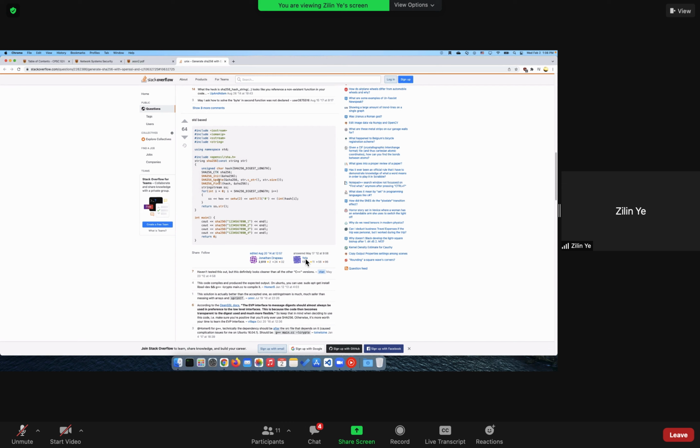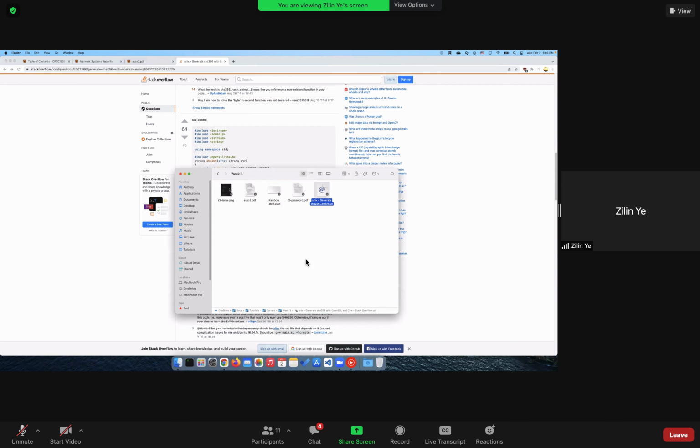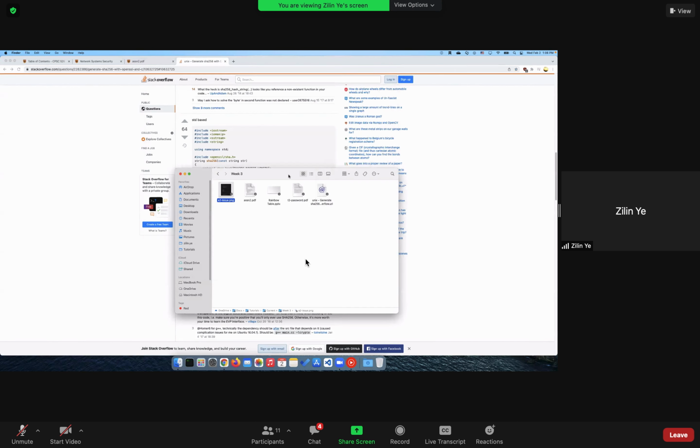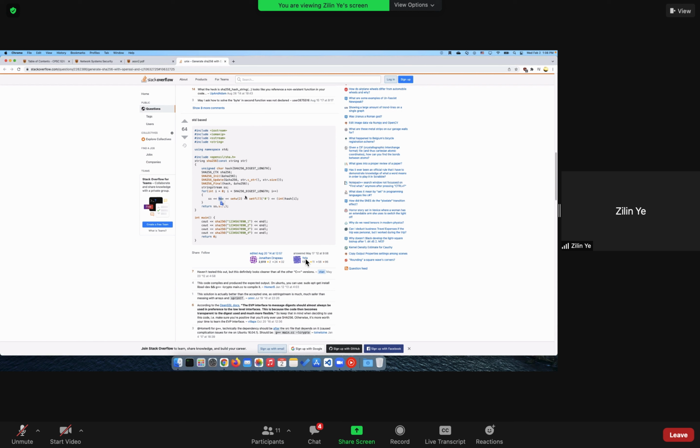We have initialized it, updated it, and finalized it. But instead of just casting the binary hash directly as a string object, this person is using a string stream to convert it into a hexadecimal human-readable format, and then returns this hexadecimal string. This is the correct way to do this.